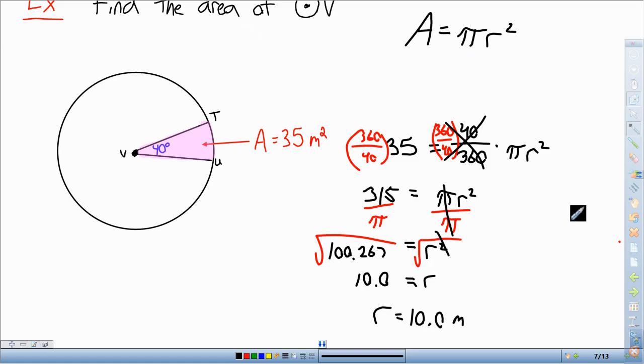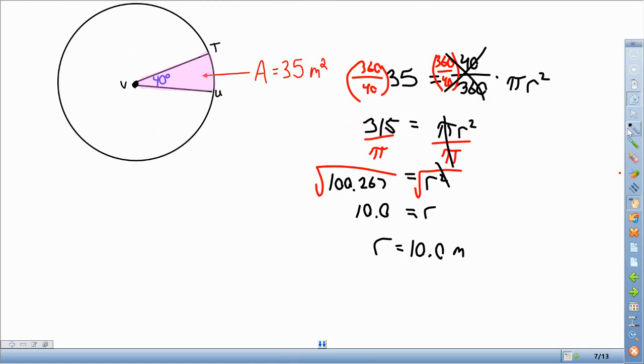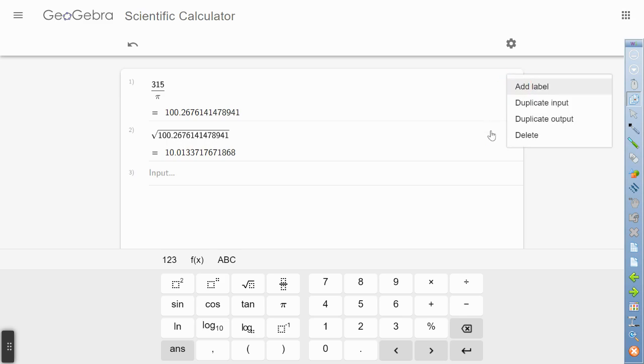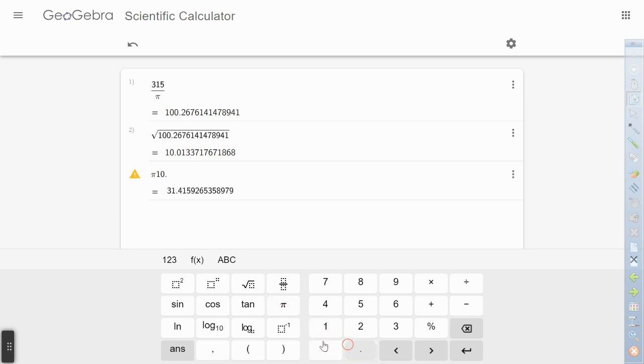Okay, so now let's go one more step and let's plug this into our area. So area equals pi 10.0 squared. So pi r squared. All right, now I'm going to delete. Actually, I'm not going to delete it. I'm going to see if it still gives me my right answer. So pi 10.0 squared.